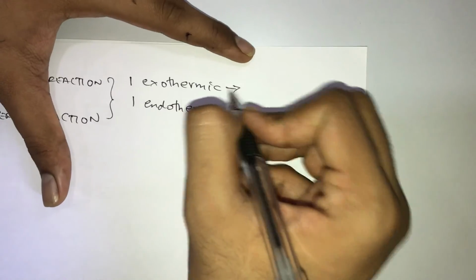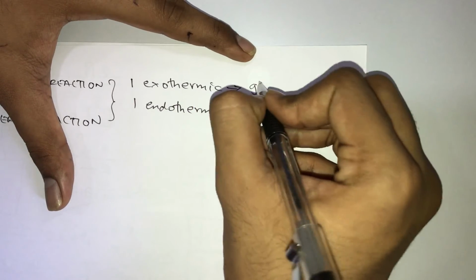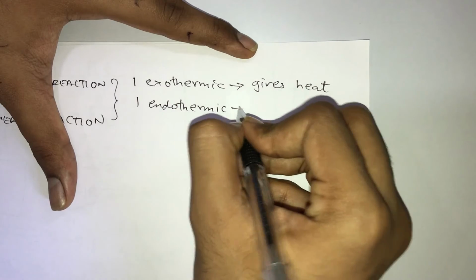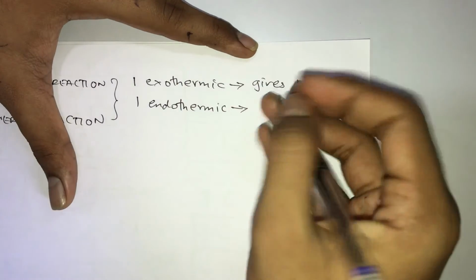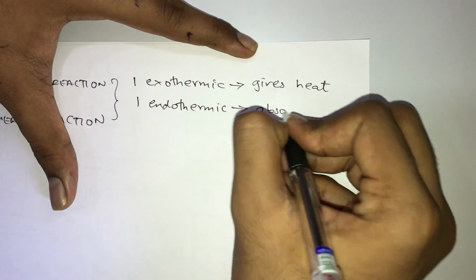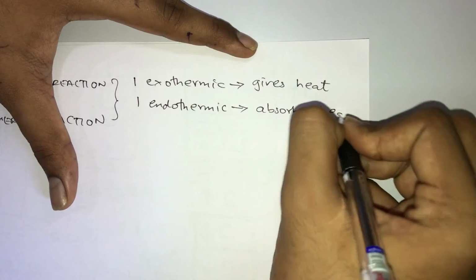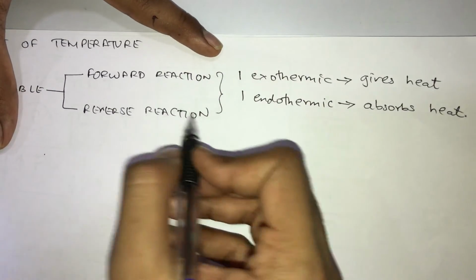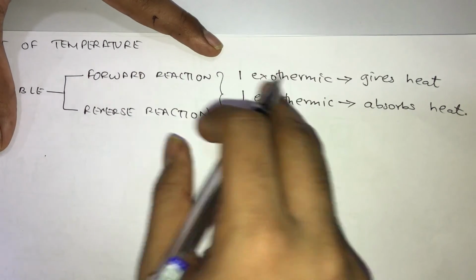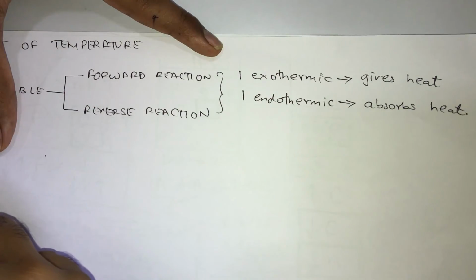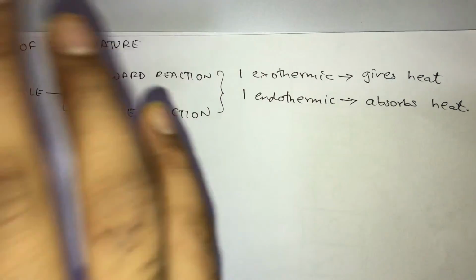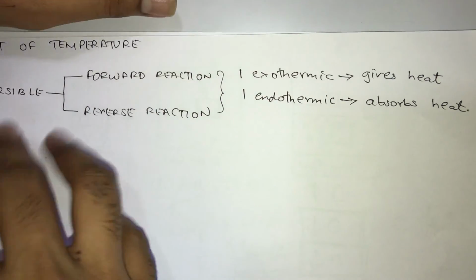An exothermic reaction is a reaction which gives out heat, whereas an endothermic reaction is a reaction which absorbs heat. Which is going to be exothermic and which endothermic will be given to you in the question.